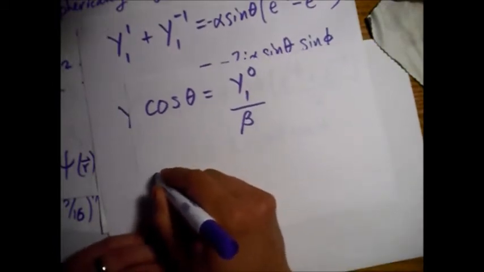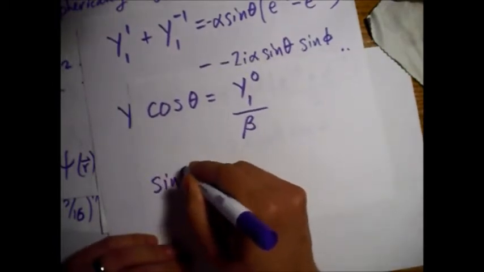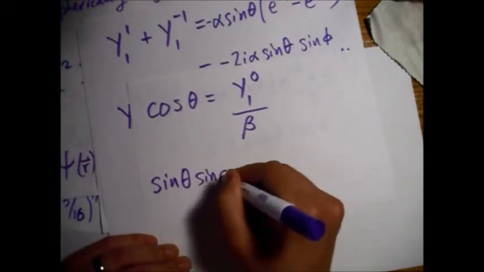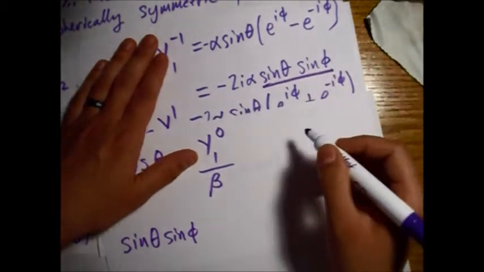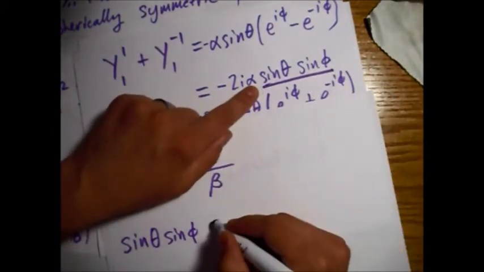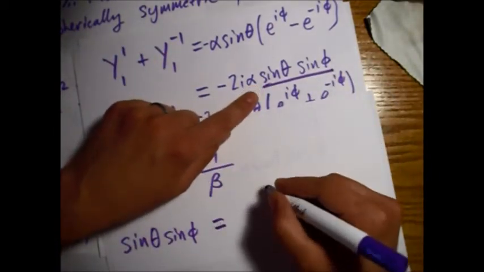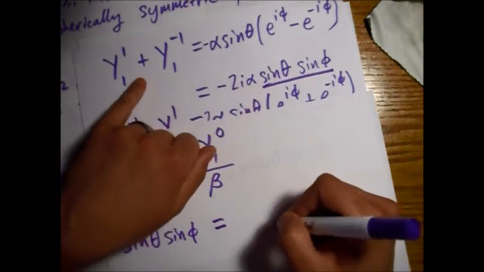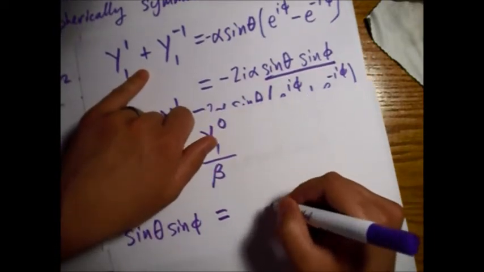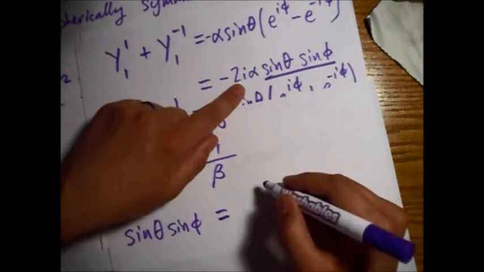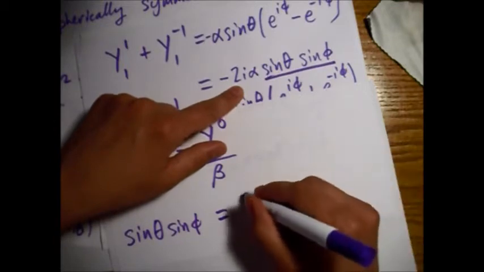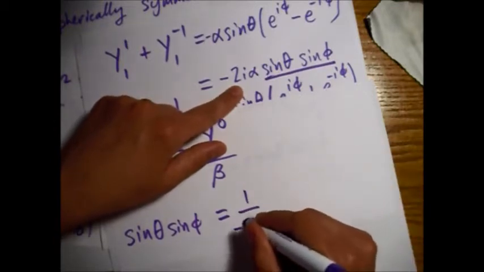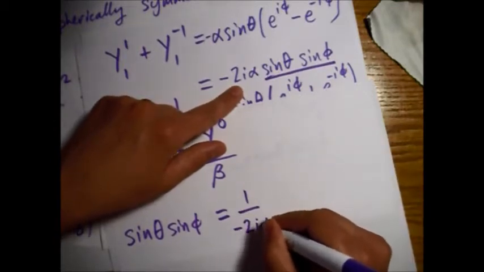Let's start with the top one right here. So we have a sine of theta, sine of phi, okay, right here. So that's this right here, okay, and that is equal to, in terms of the spherical harmonics, we're going to divide by, I'll just leave it, yeah, so we'll just minus 2i alpha.